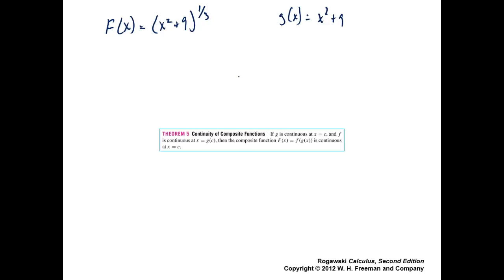Now your f function then would be the, and I don't like to use the same variable, but they do. Your f function, if it's okay, I'll use f of y just so it won't be as confusing. f of y would be that g function, which we're going to call y to the 1/3. It's the cube root function.